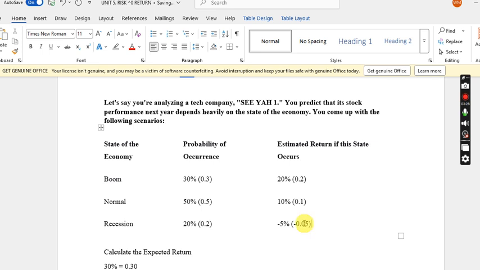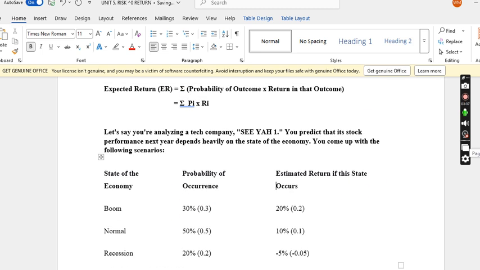So we want to get the expected returns. It's just a matter of multiplying. As you can see, the formula here is probability times return. So here you're going to say 0.3 times 0.2. What do we get? 0.06. Then 0.5 multiplied by 0.1.